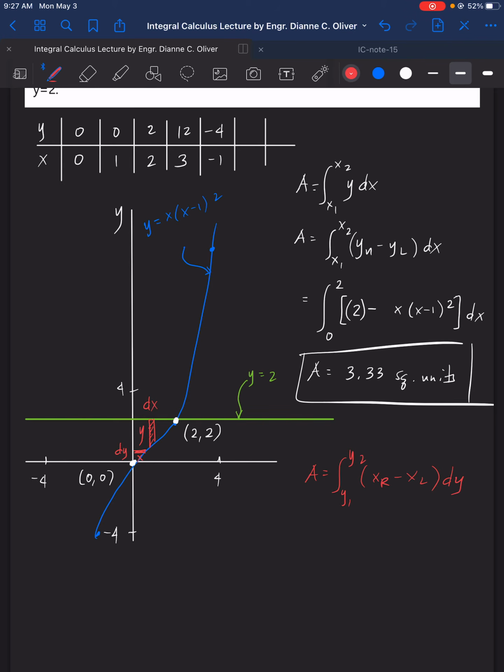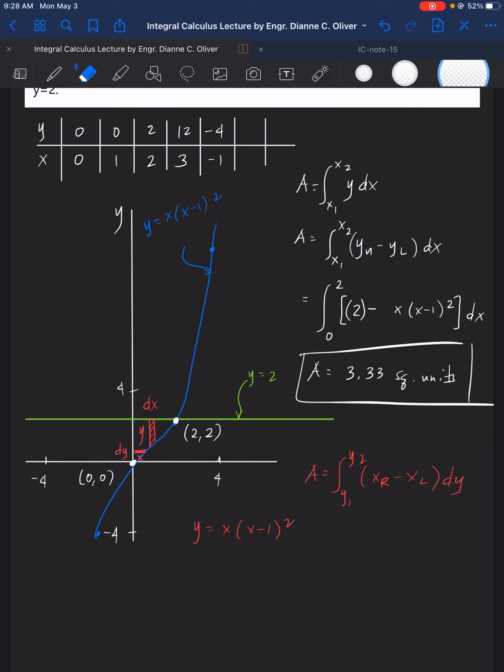The x right will come from the curve. The curve has the equation y is equal to x times x minus 1 squared. Use implicit function and put the x solo on the left side. So it's quite complicated, isn't it? It's going to be complicated and it will take longer to solve.